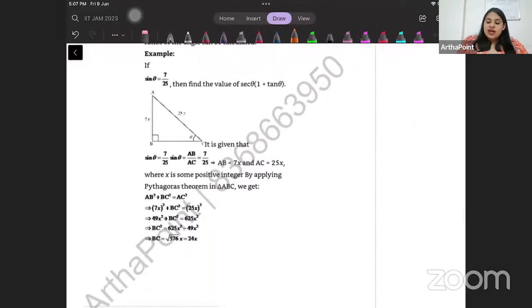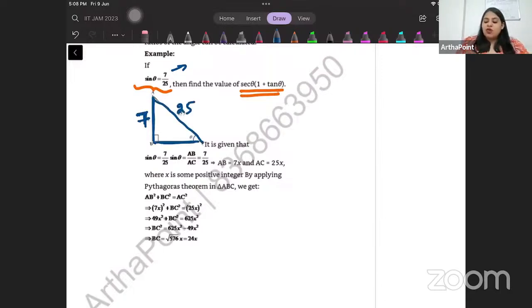It says sine theta is 7 by 25. Find sec theta into 1 plus tan theta. So beta, we know that sine theta is 7 by 25. If I take this to be 7, this will be 25. So beta, what will be this?